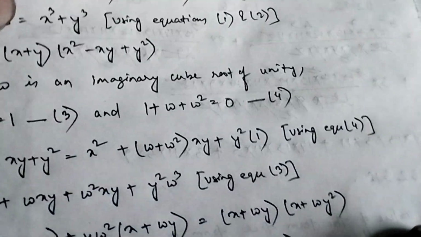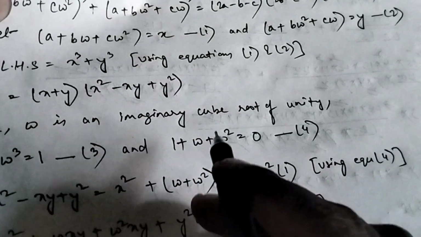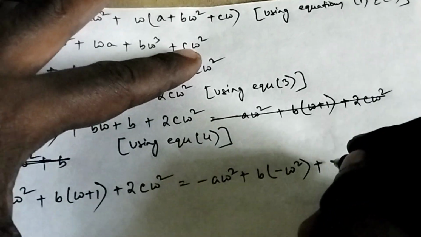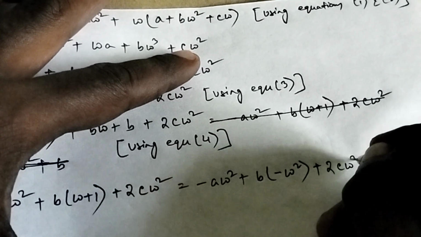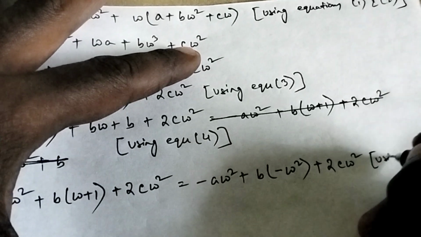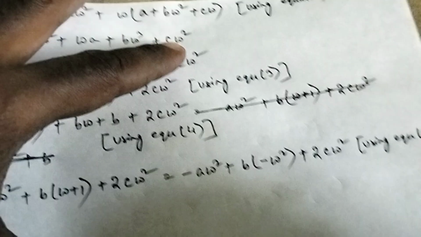Again c, here we have omega plus 1, so omega plus 1 is minus omega square. In place of omega plus 1 I can easily put minus omega square plus 2c omega square. Again you have to write using equation 4.